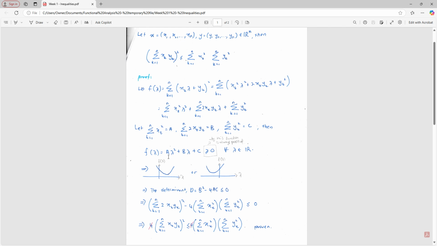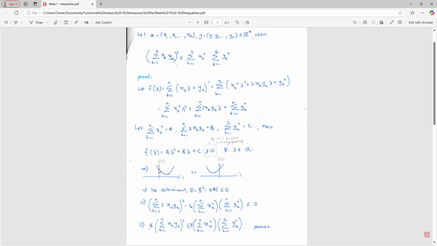For the case of a quadratic function, it is always more than 0, which means the function could be either this way or this way. You cannot have a function like this. In our case we always have a smile function. To get a smile function like this, the graph cannot cross the x-axis.